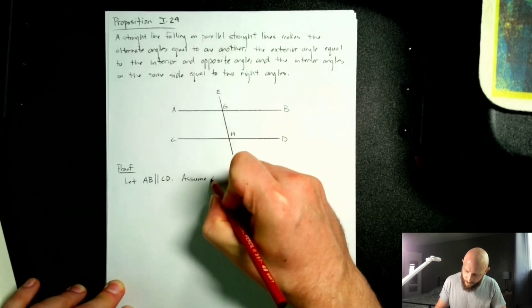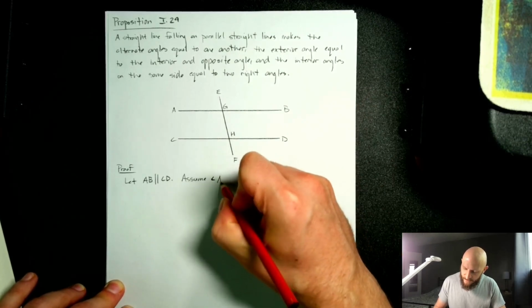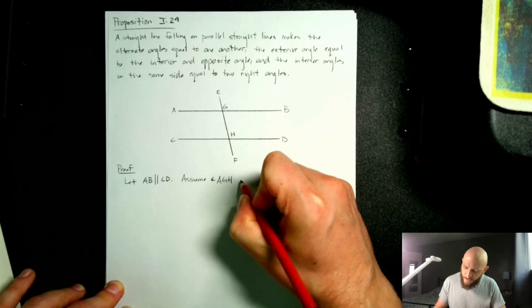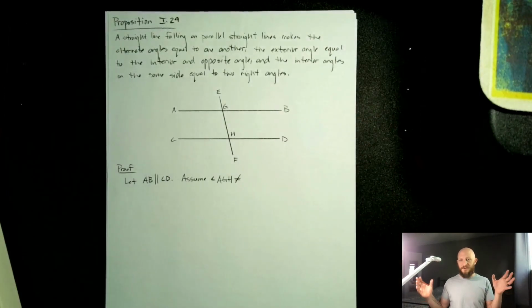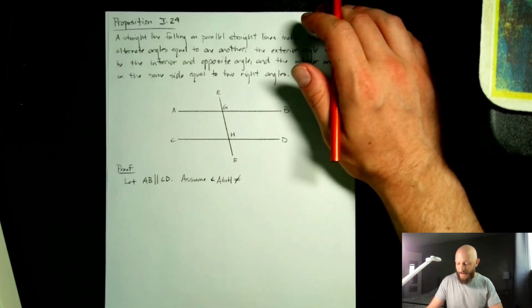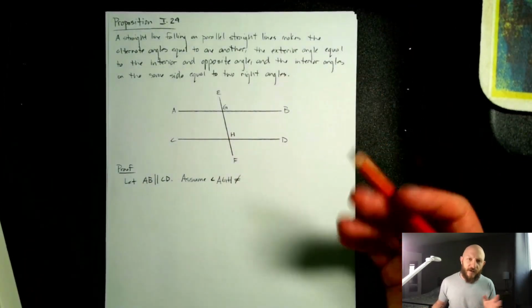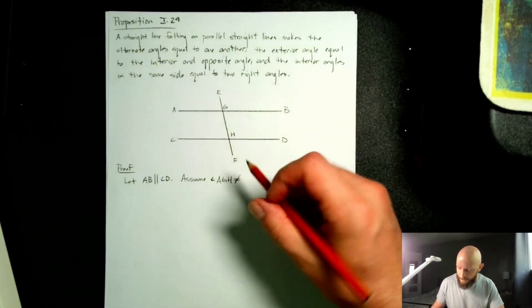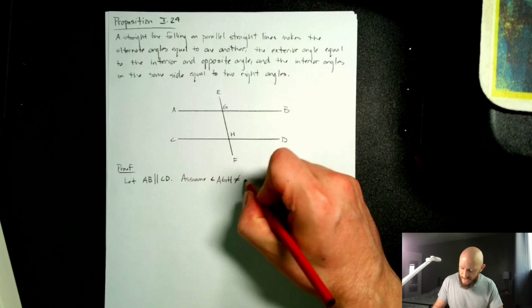So assume, towards a contradiction, I guess I should write that just to be really clear. Sometimes for your readers, it's good to be very direct about when you're doing a contradiction, otherwise it's kind of confusing. So this is by contradiction. I should have written that down, but I didn't. But assume that AGH is not equal to GHD.